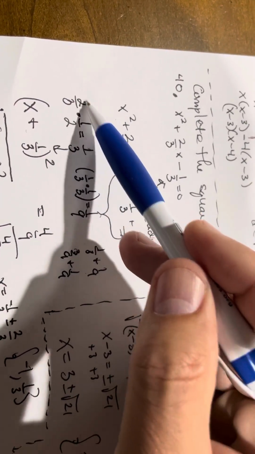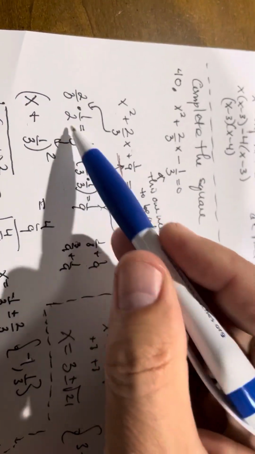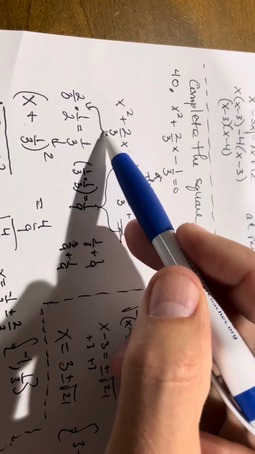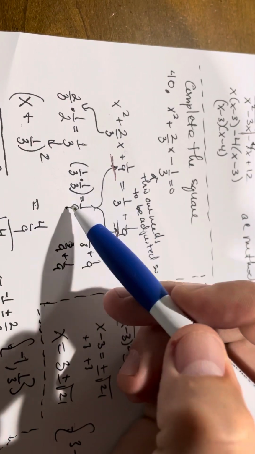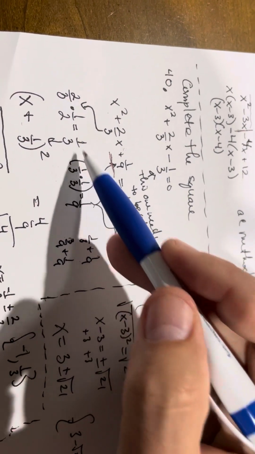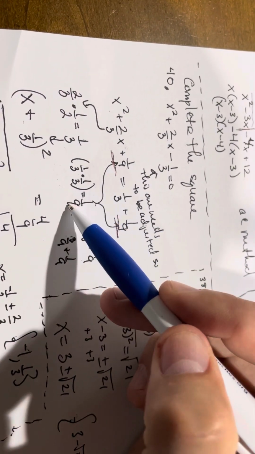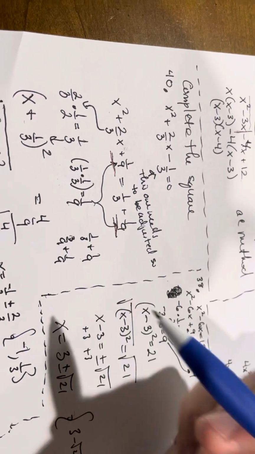You'll notice that the 2's cancel, so I've got 1/3. I've got a lot of arrows pointing everywhere, so right now this is the only arrow that is relevant. This 1/3 gets squared, hence the term completing the square. So 1/3 times 1/3 is 1/9. This is the value that fills in both of the parking lots.